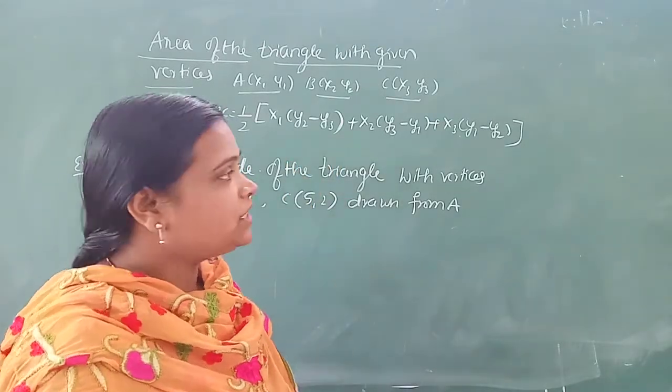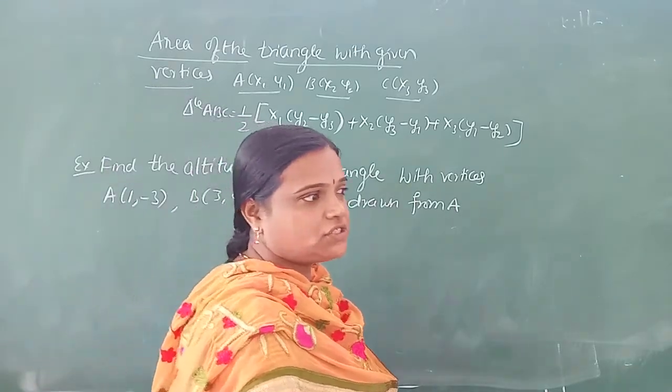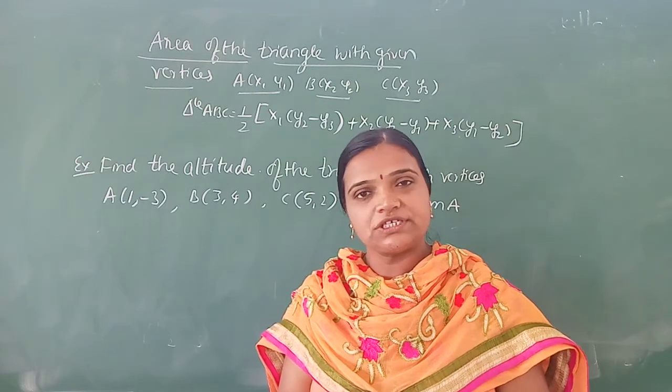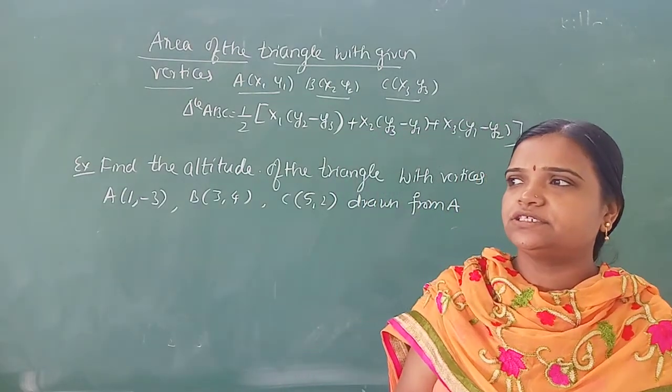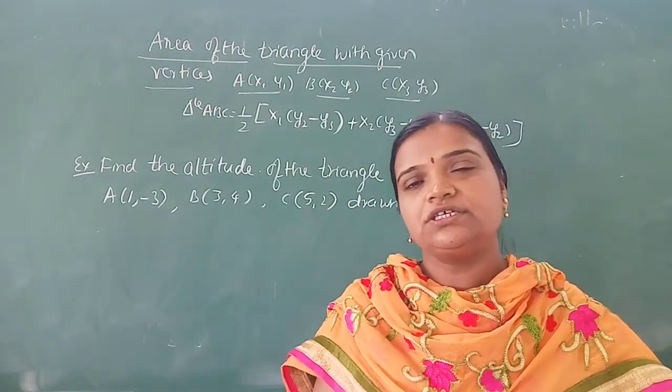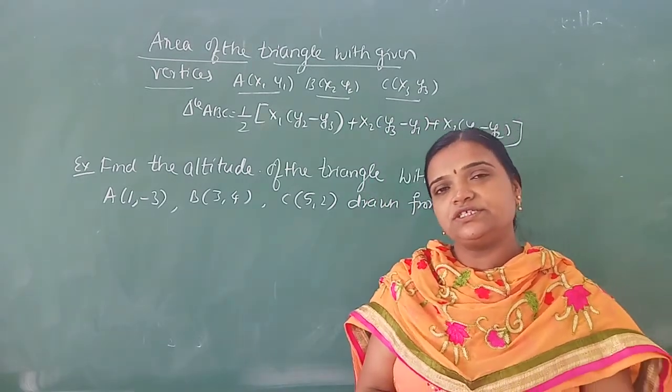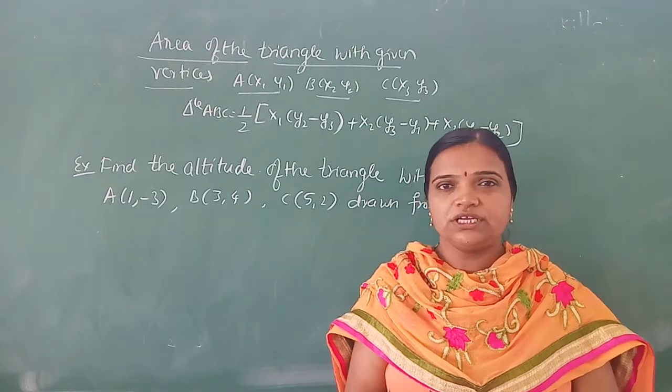Okay, and also last class we discussed examples based on finding the area of the triangle ABC, as well as if the points are collinear then the area of the triangle is 0, or if the area of the triangle is 0 then the points are collinear.